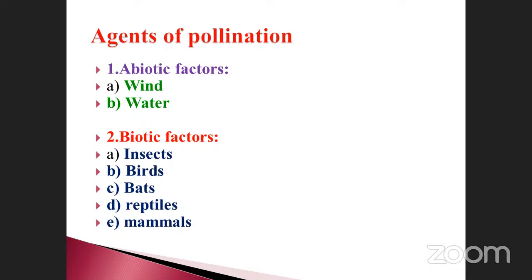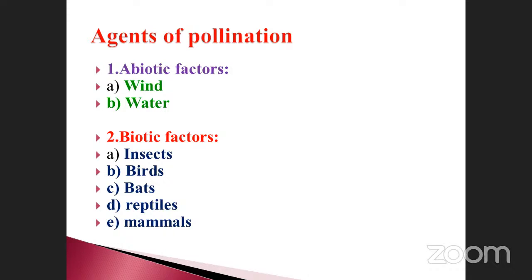The abiotic factor is nothing but non-living things, such as wind and water. Biotic factors mean insects, bats, rats, reptiles, and also mammals. We'll see one by one.